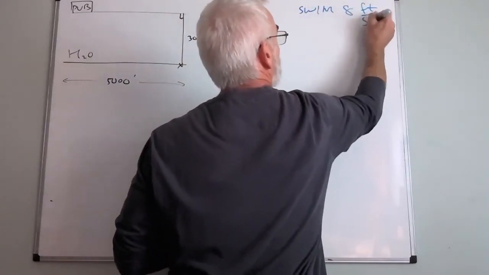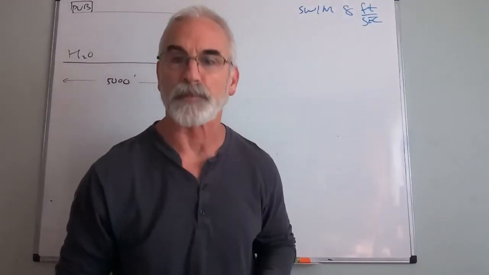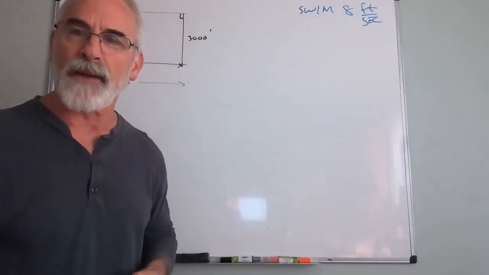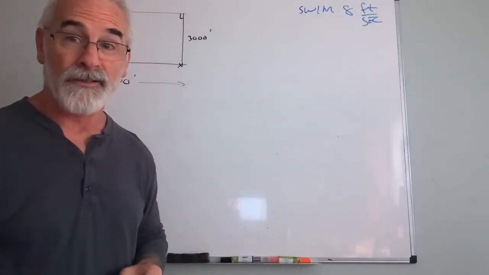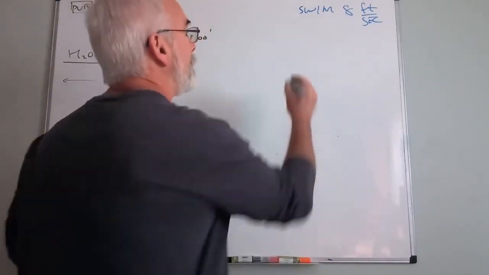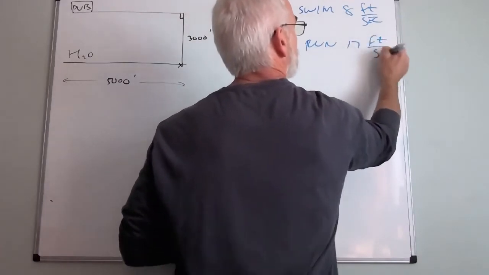That doesn't sound very fast, but that would be world record sprinter speed kind of speed. And if you're running about a 5-minute mile, which is pretty good running, you're going to run about 17 feet per second.